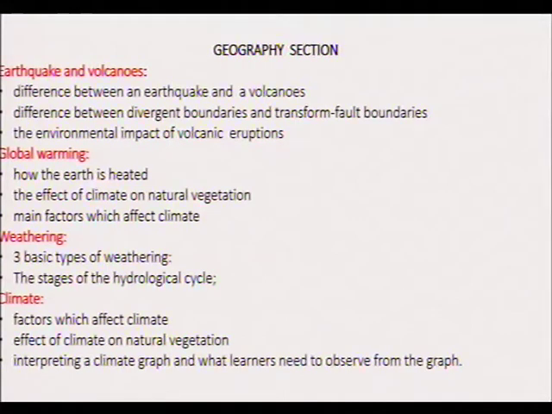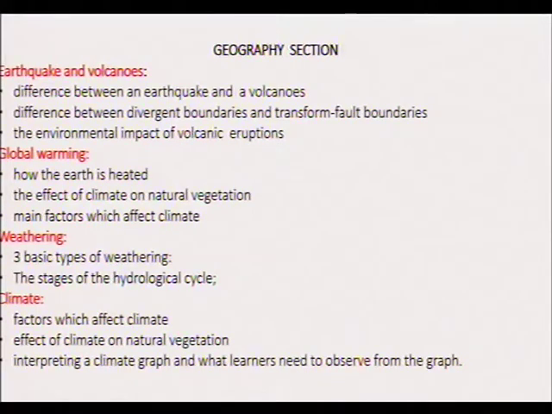And then what is the difference between the different boundaries that you get, divergent boundaries and transform fault boundaries. So you need to be able to distinguish between a volcano and an earthquake, and the different boundaries that we do get.